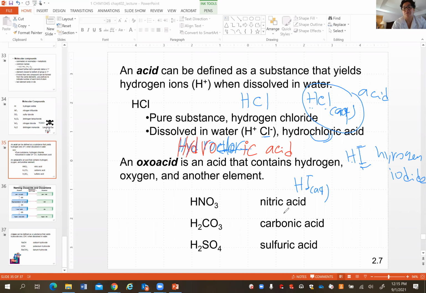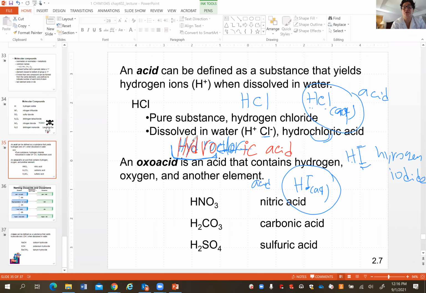now I have to name this as an acid. Can you help me name it as an acid if you have hydrogen iodide as the molecular compound name? What should I bring first? It's made only of hydrogen and iodine. In other words, there's no oxygen here. If there is no oxygen in the acid formula, you have to bring the hydro.